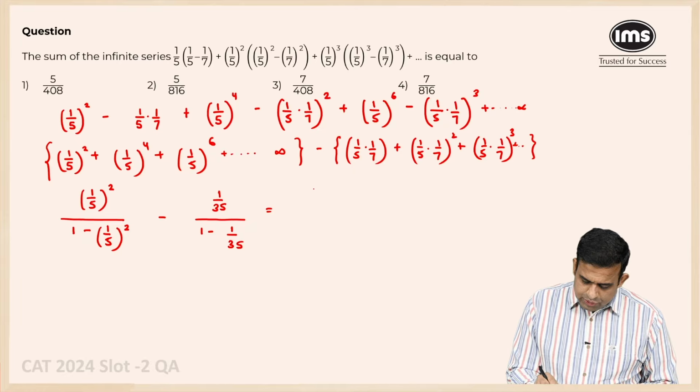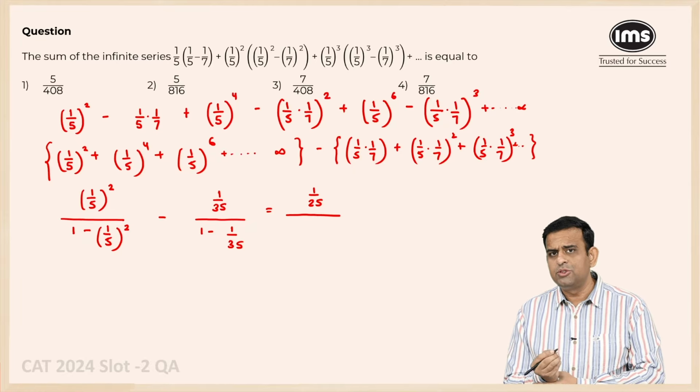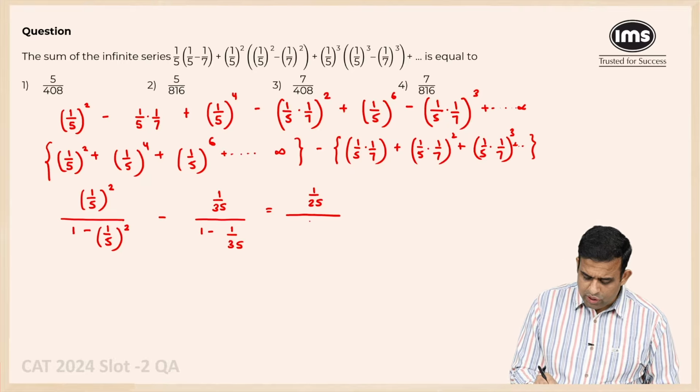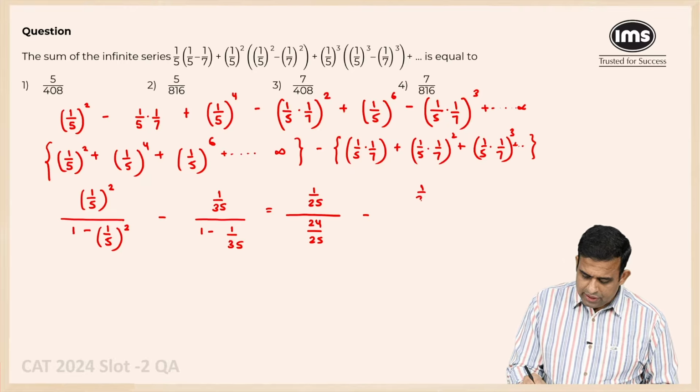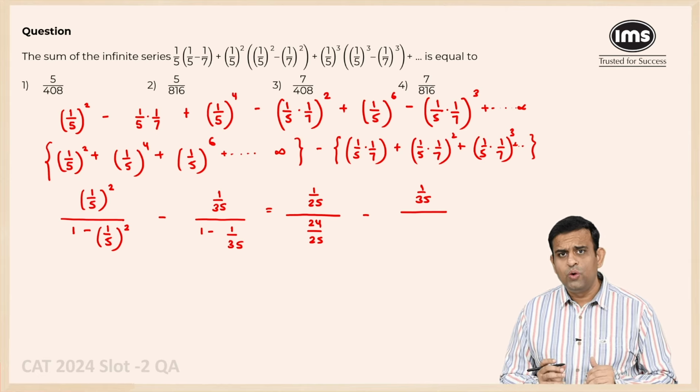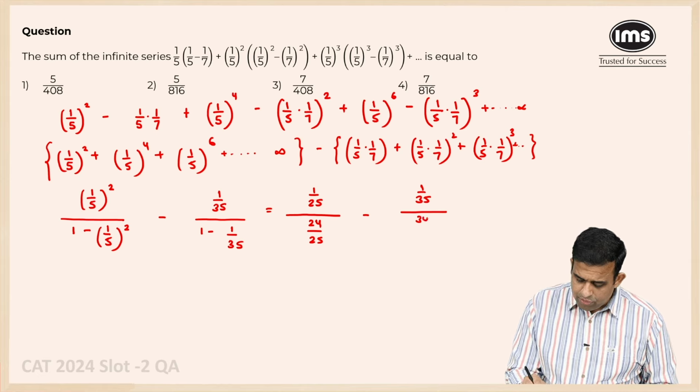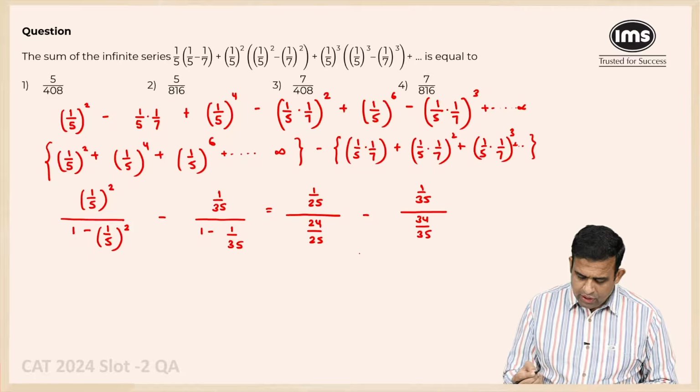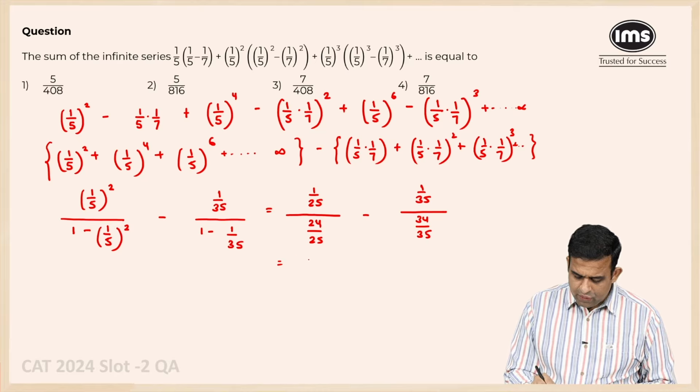So this thing is 1 by 25 divided by 1 minus 1 by 25, which is going to give you 24 over 25. This is 1 by 35 divided by 1 minus 1 over 35, which is 34 by 35. And clearly this is going to become 1 by 24 minus 1 by 34.